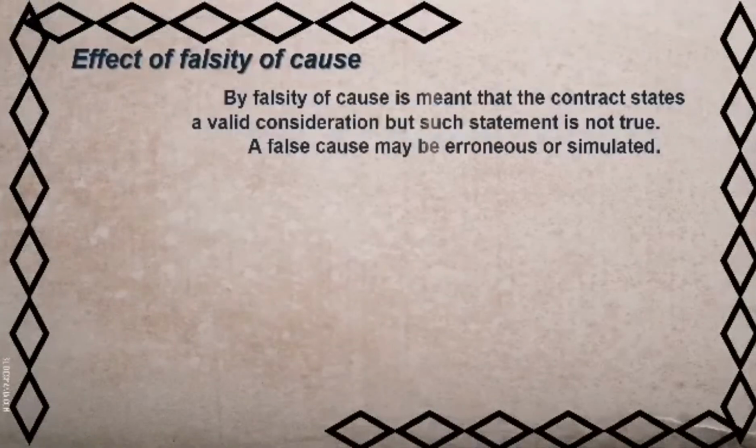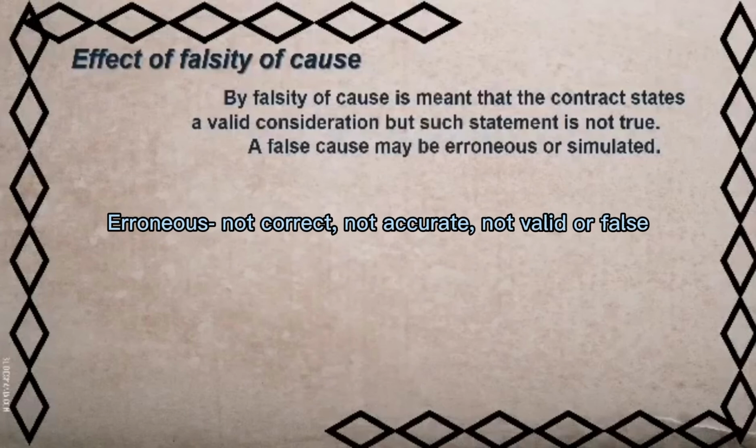So what is the effect of falsity of cause? By falsity of cause is meant that the contract states a valid consideration, but such statement is not true. A false cause may be erroneous or simulated. So, pag sinabing erroneous, it is not correct, not accurate, not valid, or it is false.